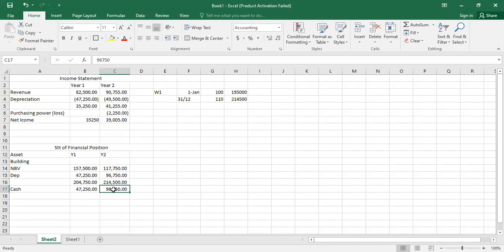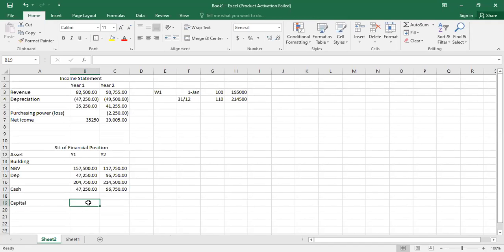Now, what was our capital as at the start? If the figure for the cash cannot assist at this level, what was the value of capital? Let me just bring it down here. What was the value of the capital as at the beginning of the first year?